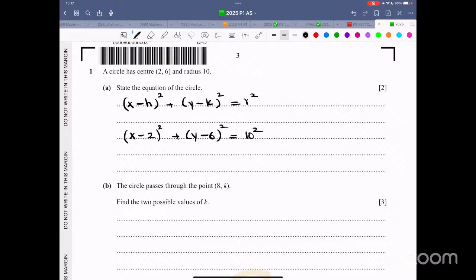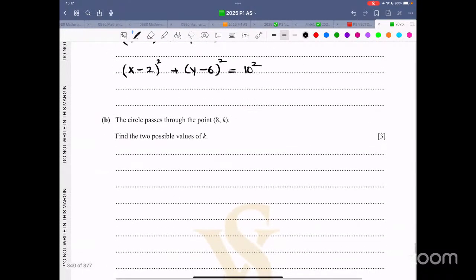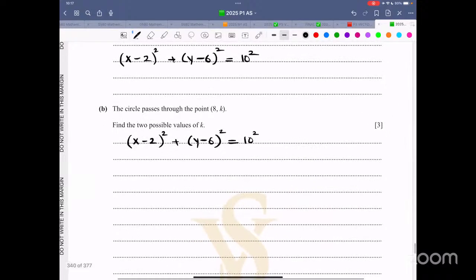That's the first thing. Now it says the circle passes through this point. In other words, the point lies on the circle. So (x minus 2) whole square plus (y minus 6) whole square equals 10 square, or 100. Now this 8 goes in place of x, and this k goes in place of y.